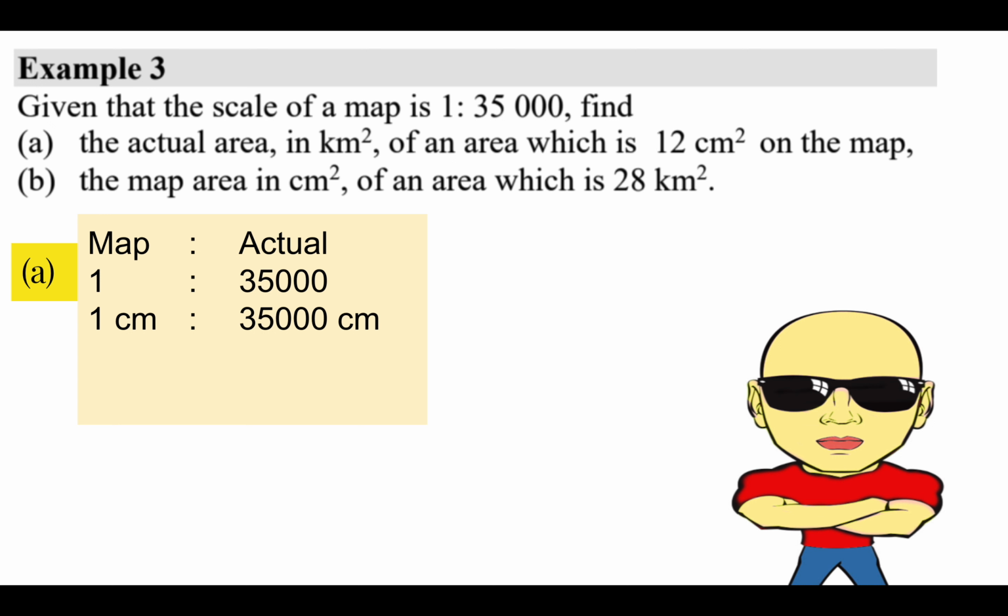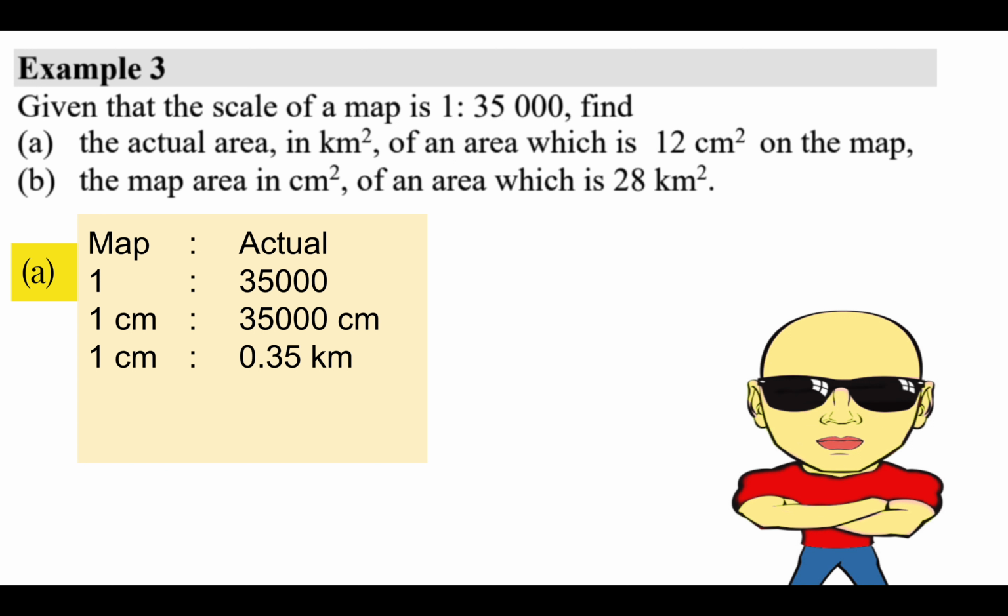Now, since the map is in centimeters and the actual length and area is in kilometers, let us convert to the appropriate units. So 1 centimeter is to 0.35 kilometers. Next, in order to obtain the comparison for area, we need to square both the values for the map as well as the values for the actual object, in this case actual area.